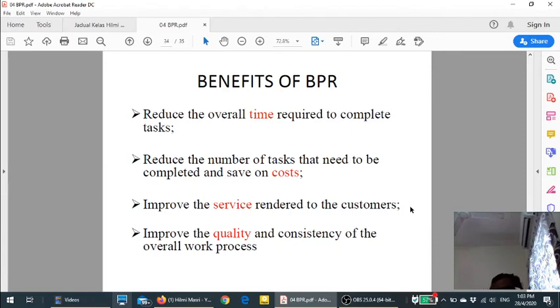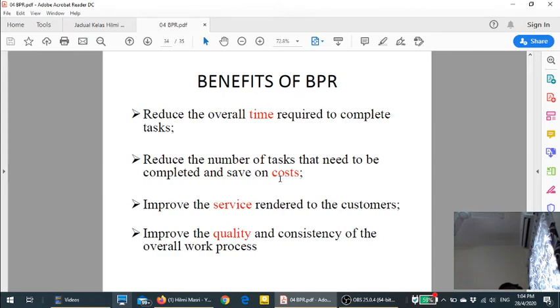So we go and look at the benefits of BPR. Through business process engineering, it helps to reduce the overall time required to complete the task. Number two is reducing the number of tasks that need to be completed and saving on cost. I think this is one of the most important aspects.